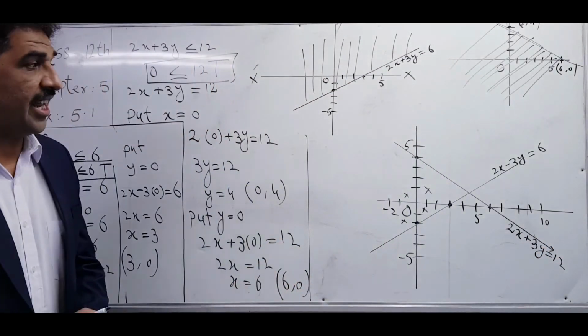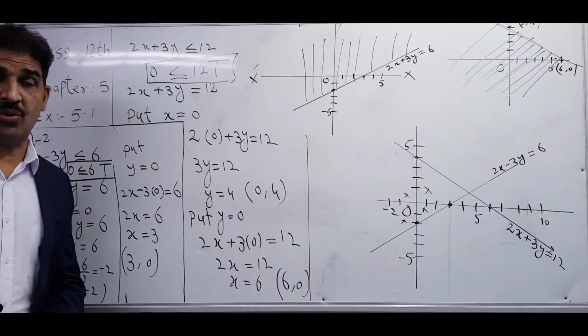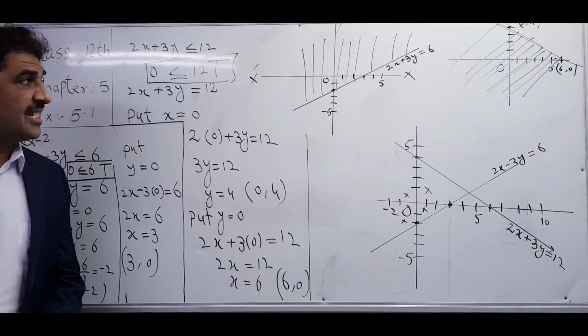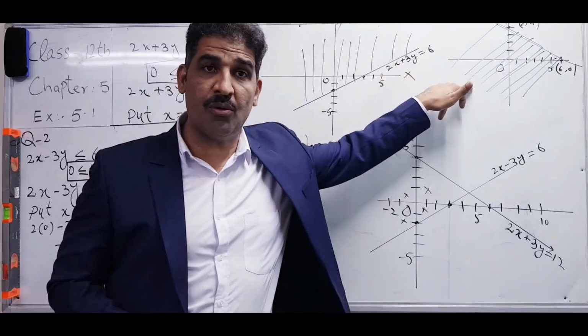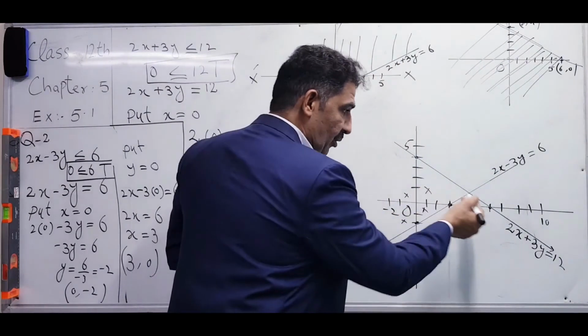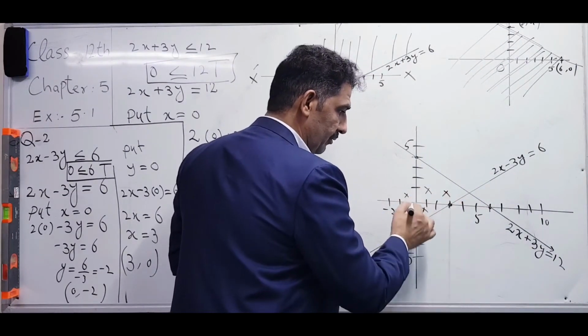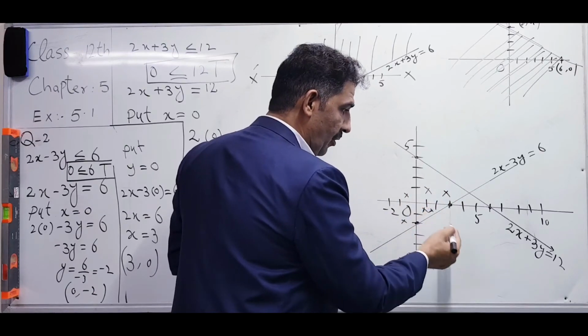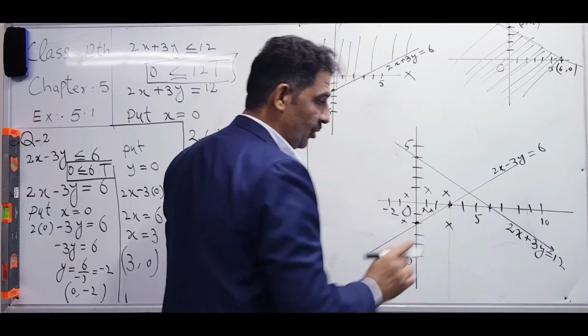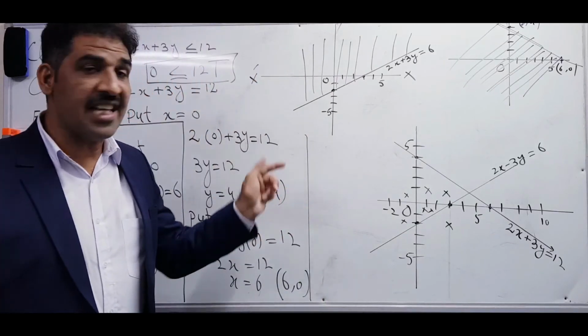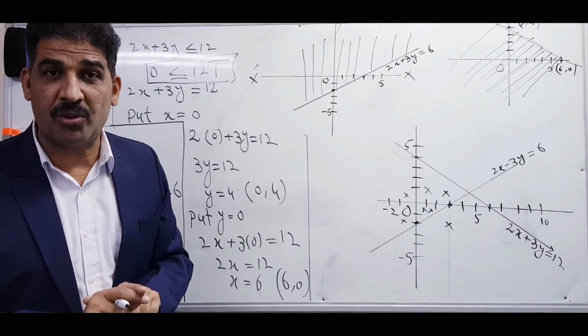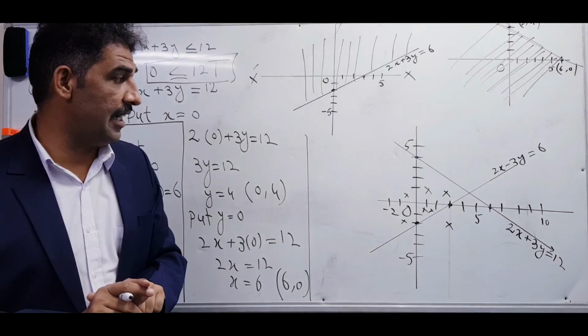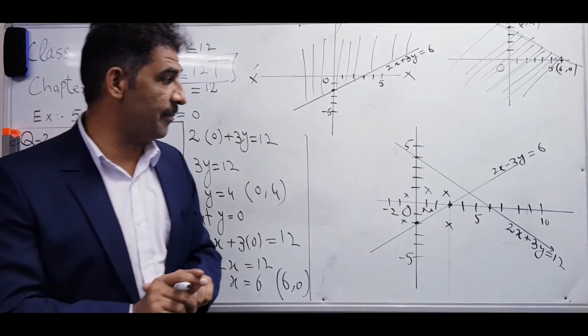Okay, again we have to check that its portion is also shaded on the origin side because its portion is down. So its origin side is this one, right? And this one also. Check which portion is common in both lines.